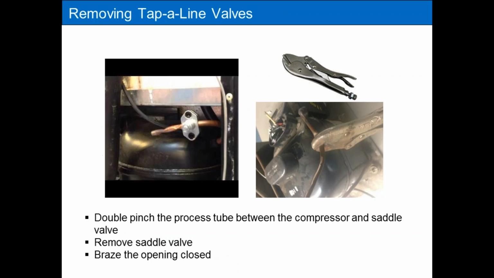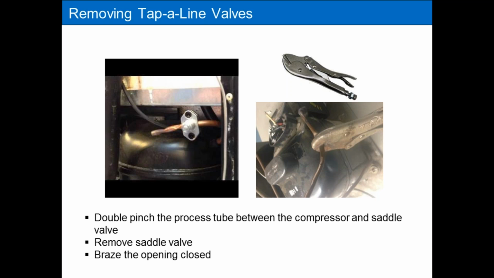Now here's how you can take off saddle valves with a pinch-off tool. You pinch between the system and the saddle valve, and you double pinch it. One pinch, and then you take a second pinch and hold it in place with your pinch-off tool.